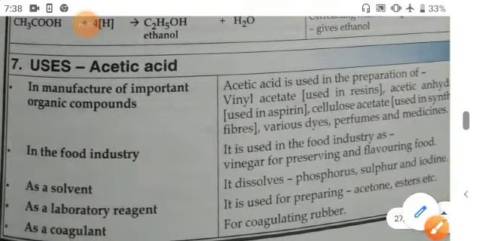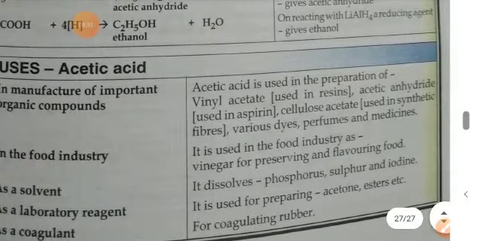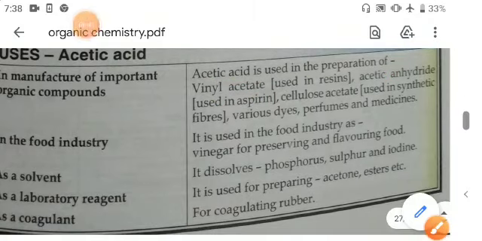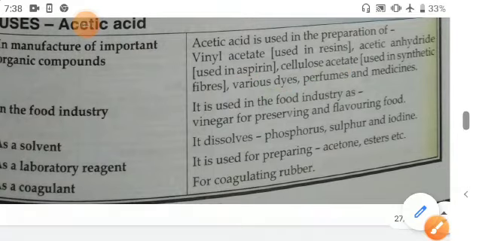And uses of acetic acid: it is used in the manufacturing of important organic compounds. Acetic acid is used for the preparation of vinyl acetate and acetic anhydride, used in aspirin, and cellulose acetate, used in synthetic fibers and various dyes. It is used in perfumes and medicines.